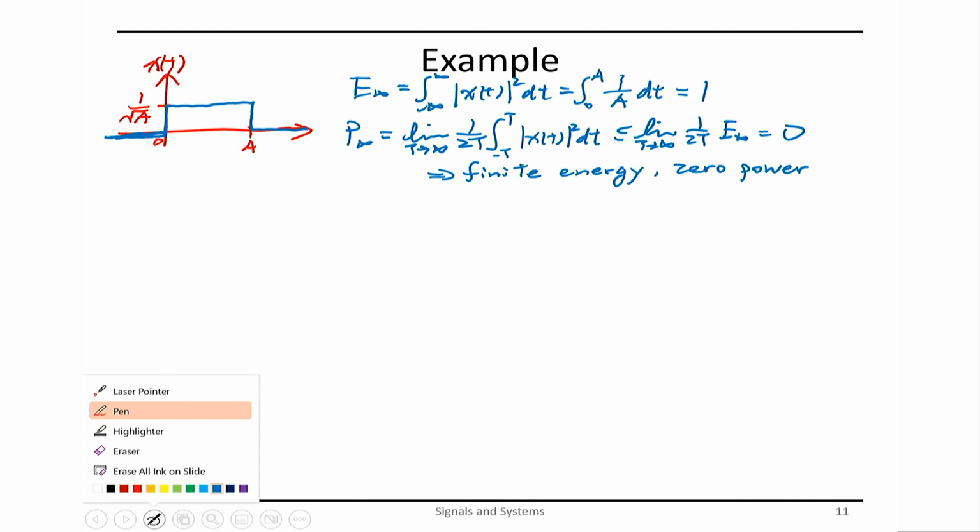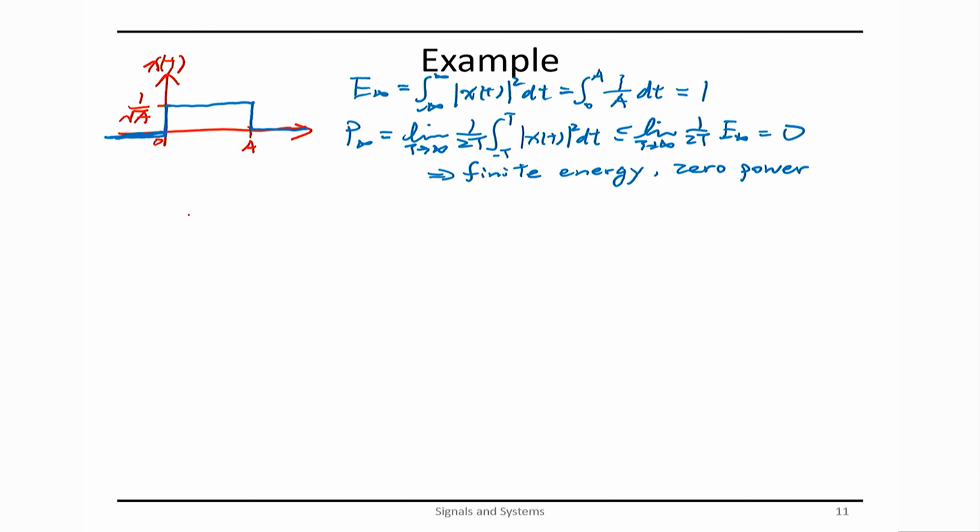Now let's look at another example, right? Let's extend this example a little bit by repeating this square wave at integer multiples of a, and switching between positive and minus values.